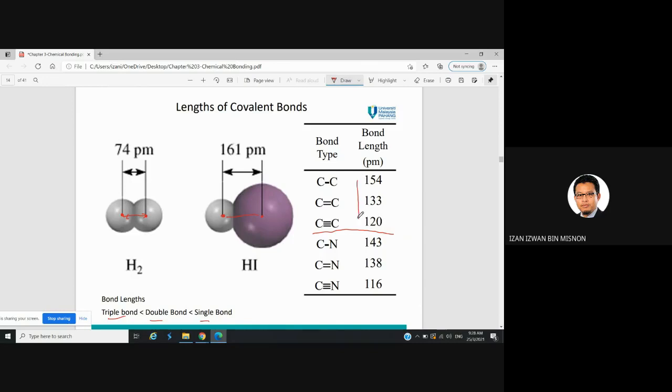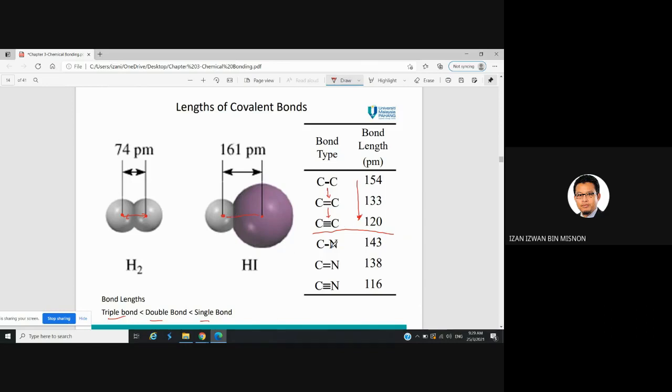So we can see that the length is decreasing. What happens is that with the additional bond from single to double to triple, the attraction to the nucleus center will be greater. So each nucleus will shrink closer and reduce the bond length.